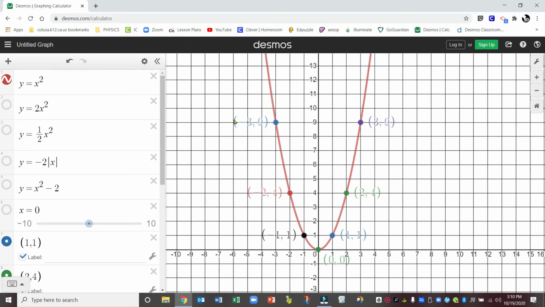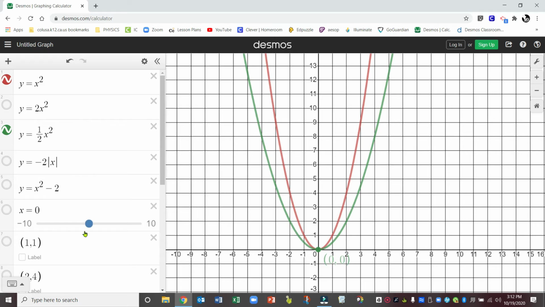So while the x values are increasing, the y values are decreasing. So we would say when x is less than 0, this function is decreasing, because when x is less than 0, the y values are getting smaller as the x values are getting bigger.